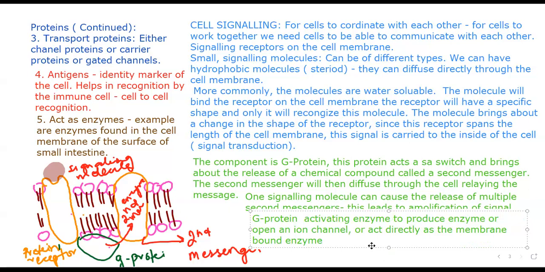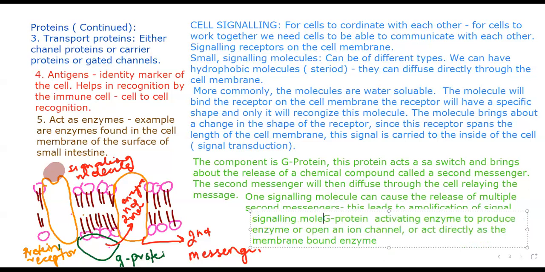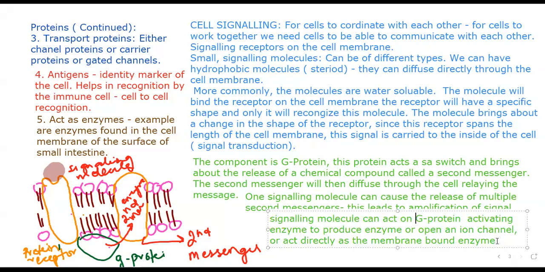When you talk about your signaling molecule, it's not necessary that the signaling molecule will act on the enzyme, right? The signaling molecule can act on the G protein, or it can open an ion channel, or it can act directly on the membrane bound enzyme, right?